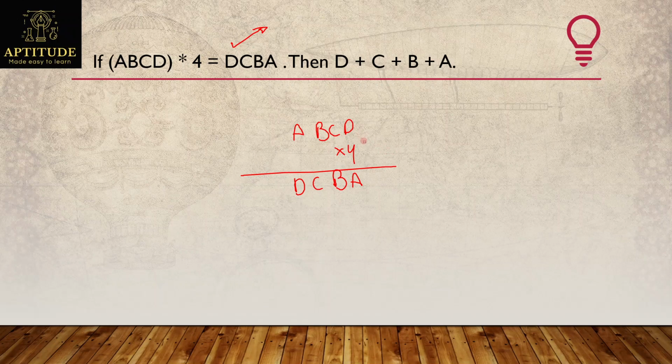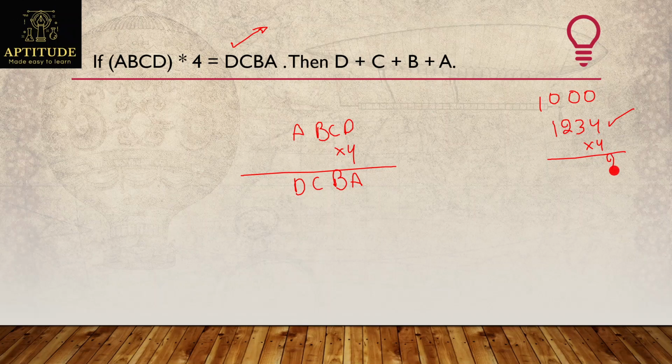There is a small logic once again. Observe this one. It is a 4-digit number, which means it might be like 1000 or else 1234, different digits like that. If I multiply this with 4, I should get a 4-digit number.